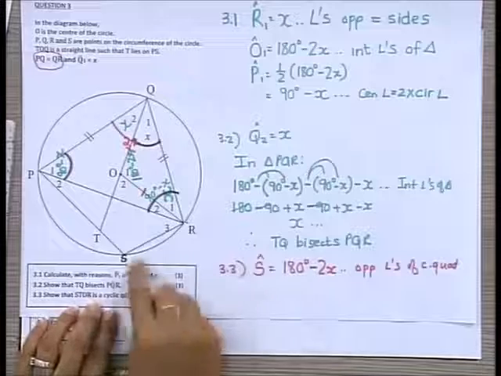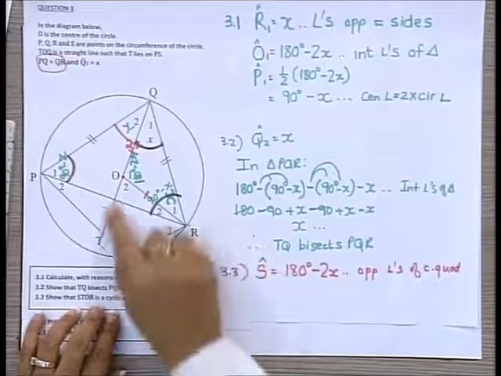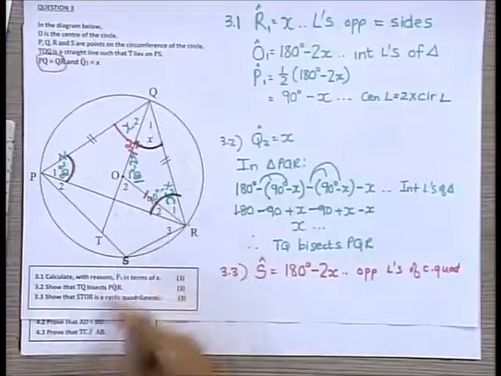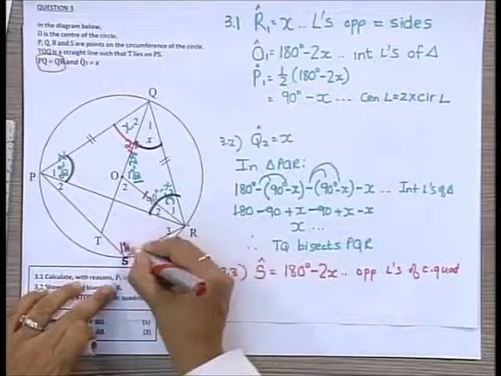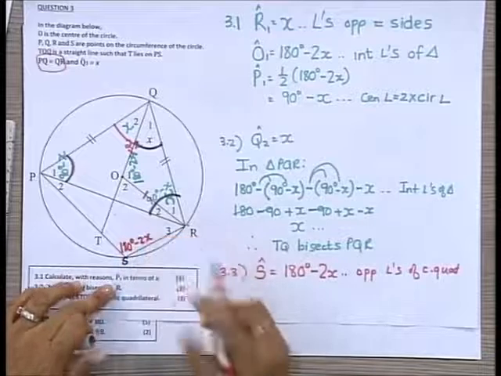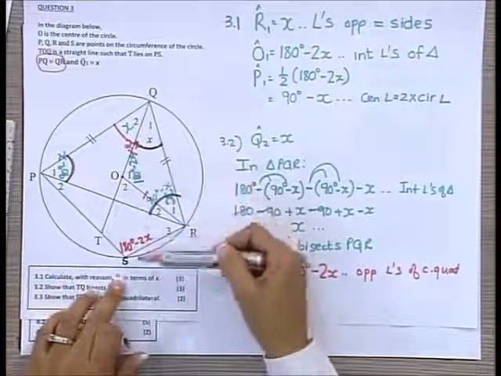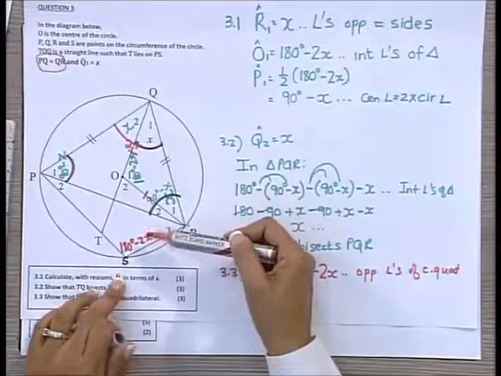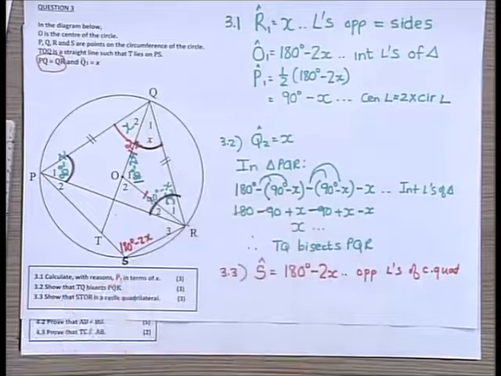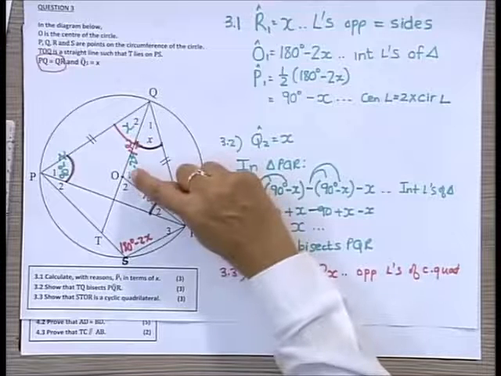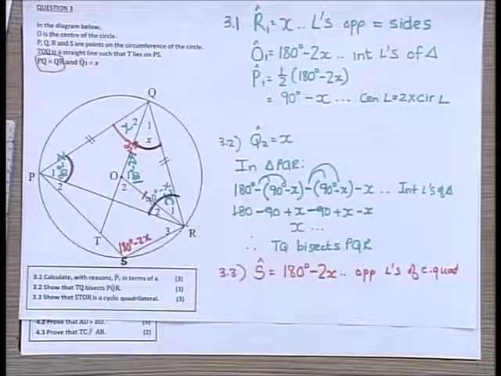We are trying to prove back to our sum, STOR is a cyclic quad. Guys, are you okay with me saying this is 180 minus 2x? Because the opposite angles give me 180. And now, oh my word, do you know what I saw immediately? This angle here is then also 180 minus 2x.